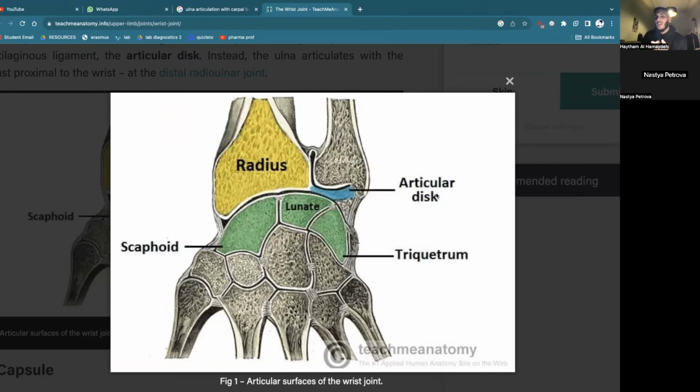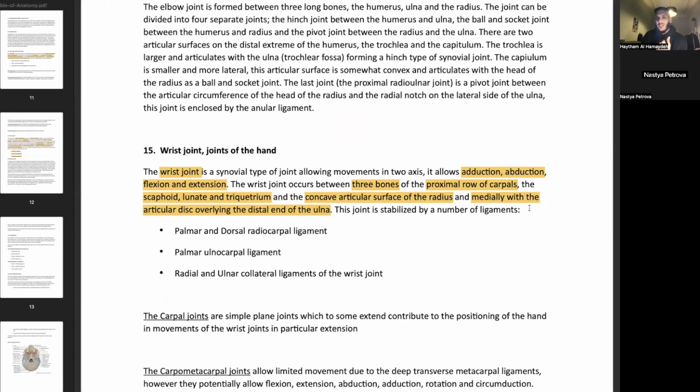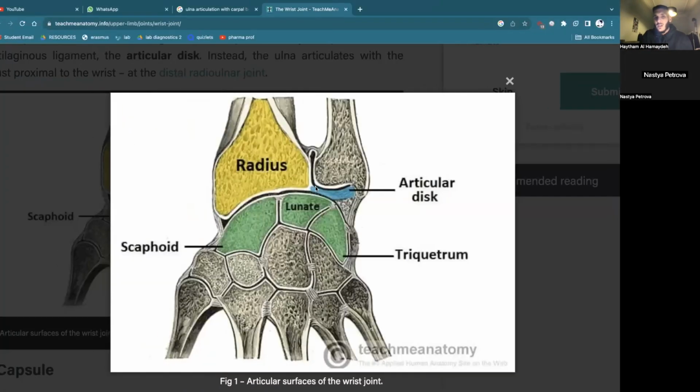And then you have the articular disc medially. When we're talking medially, towards the body, the ulna is medial, with the articular disc underlying the distal end of the ulna. Okay?